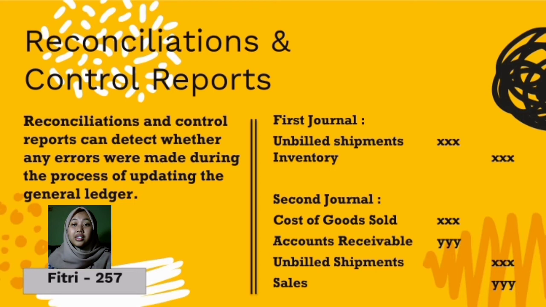If these two totals do not agree, the difference must be investigated and corrected. So if we did something wrong, like human error, it should be investigated and corrected.